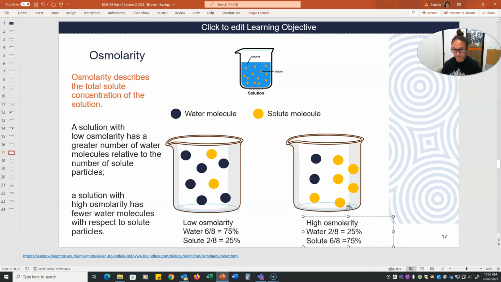So this particular solution has low osmolarity compared to this one, because you're looking at the ratio of solute to water, and this one has a higher percentage of solute to water. We're going to do a lot more examples of this, so let's just keep going.